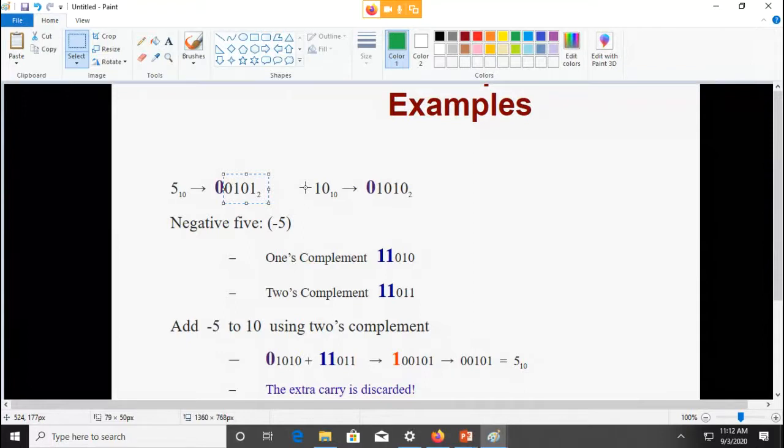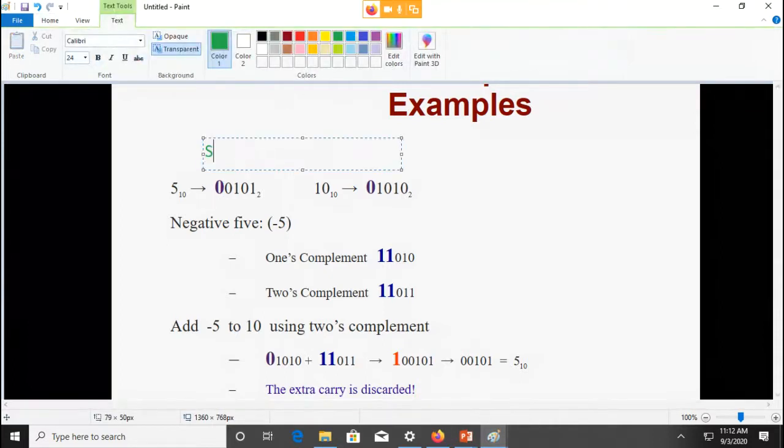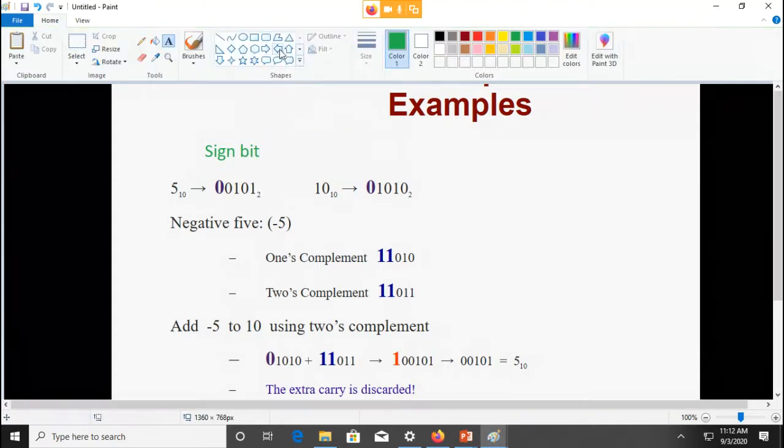So the number 5 is 0101. If we're talking about a +5, we're going to add one more bit here, which we're going to call the sign bit. So the leftmost bit is the sign bit.